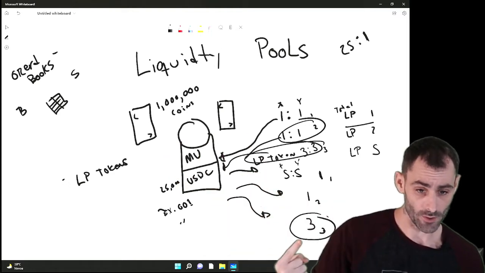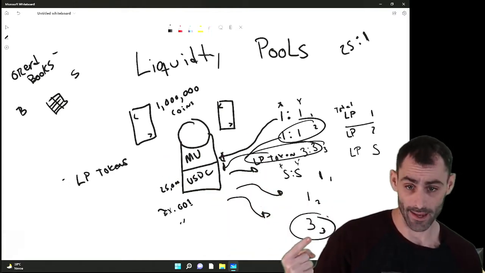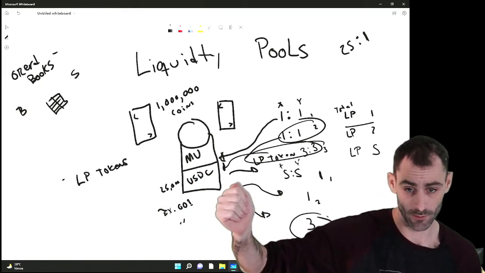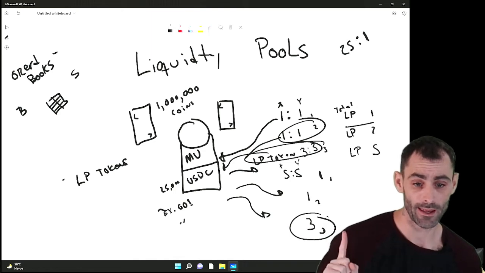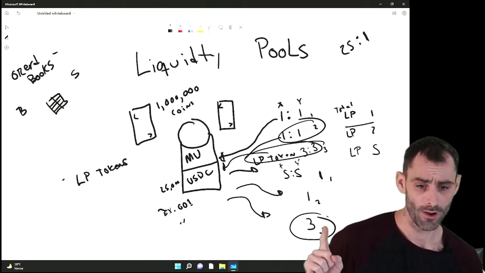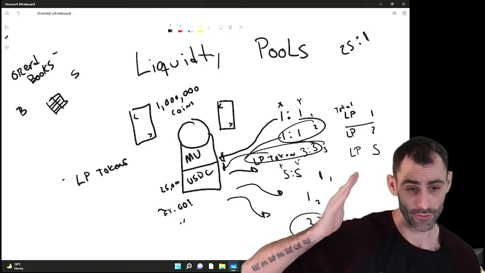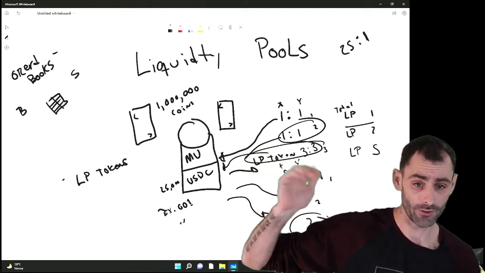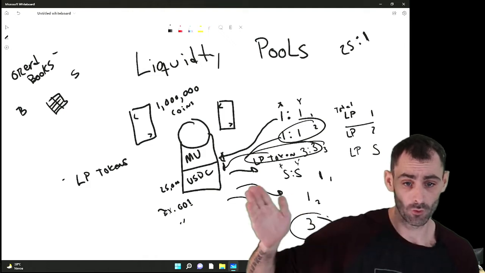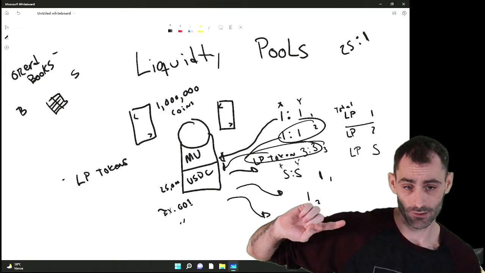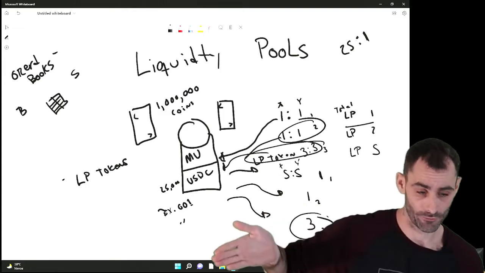What he's going to do is take the liquidity pool tokens that he was given by the liquidity pool and give those back to the liquidity pool, and the liquidity pool is going to say, oh, you have 3 out of my 5 total tokens, so I need to give you 3/5 of all the tokens that are inside my liquidity pool, which are 5 x's and 5 y's. So I need to give you back 3 x's, and I need to give you back 3 y's.